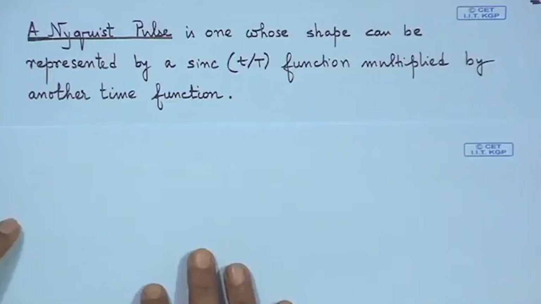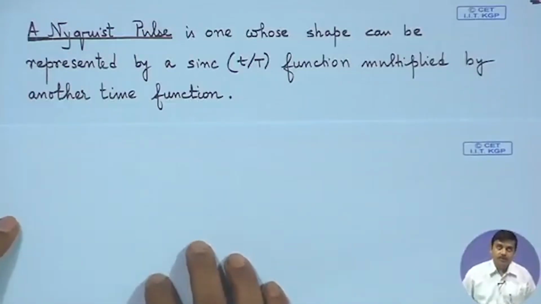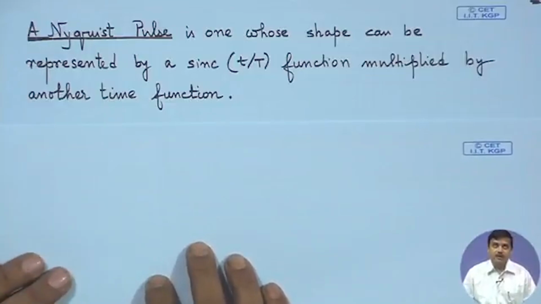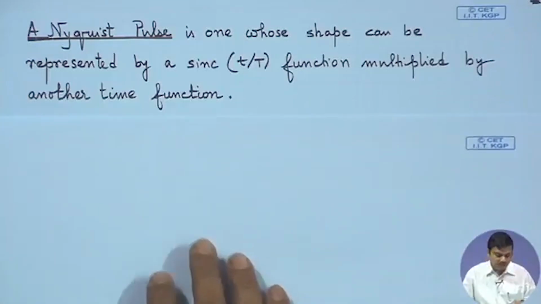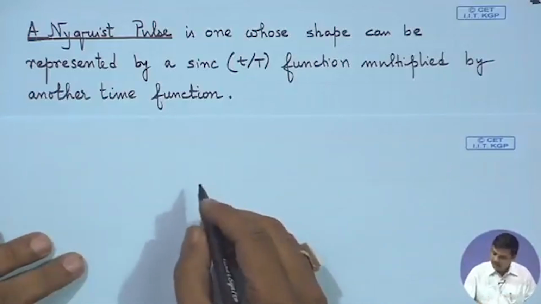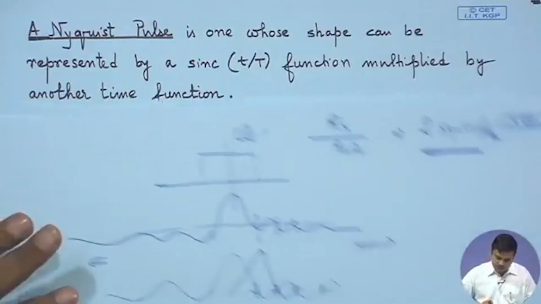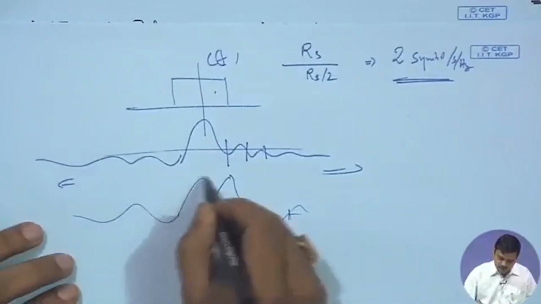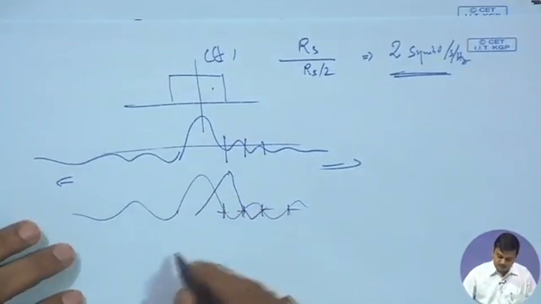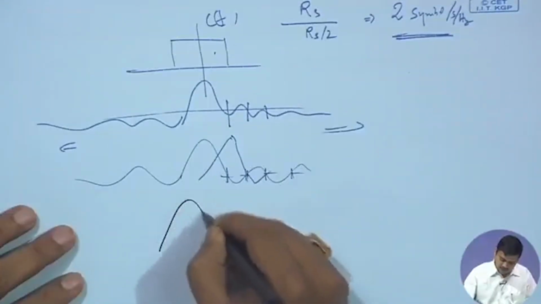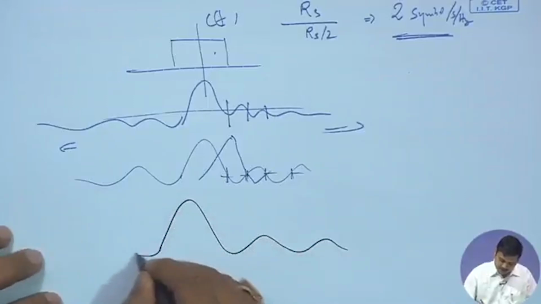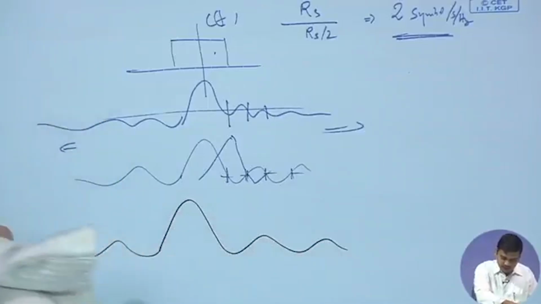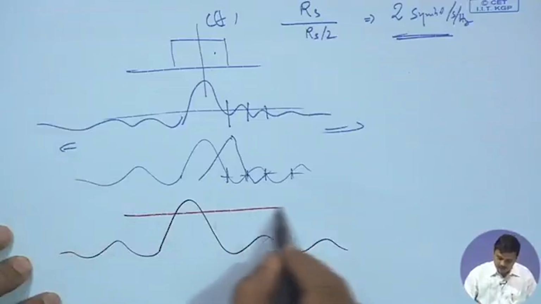So, we revisit that the Nyquist pulse is one whose pulse shape can be represented by a sinc function multiplied by other time functions, and we just explained in the previous lecture that if we consider this as the sinc, suppose I consider, roughly speaking, a sinc goes like this, and I consider another time function, let us say this.